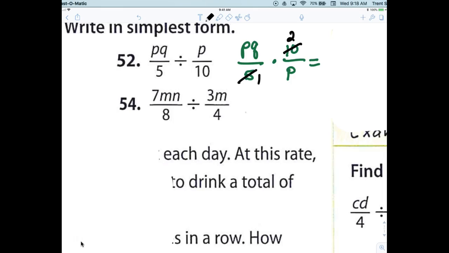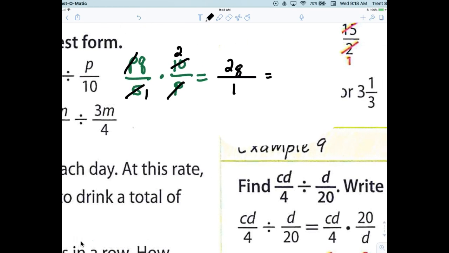You're good, don't be worried. Cross out the P. Nice. So my final answer is just what? Over 1. So we could just say that's technically just 2Q. You agree with that?